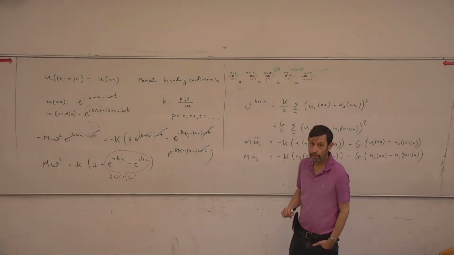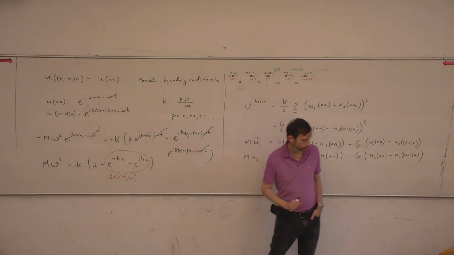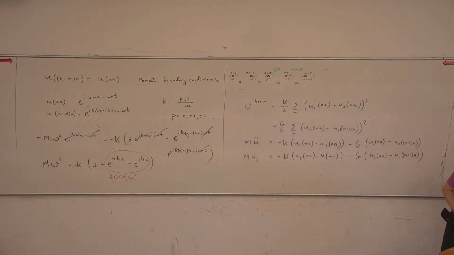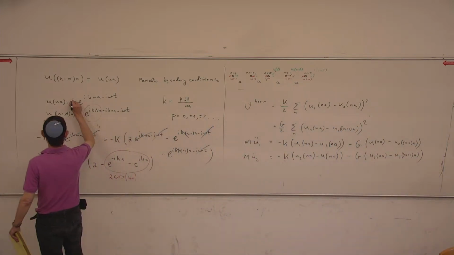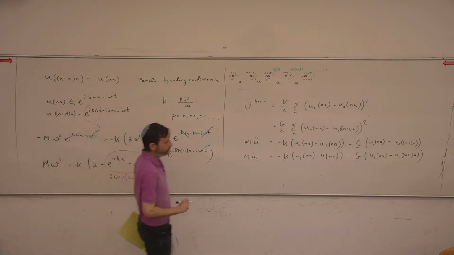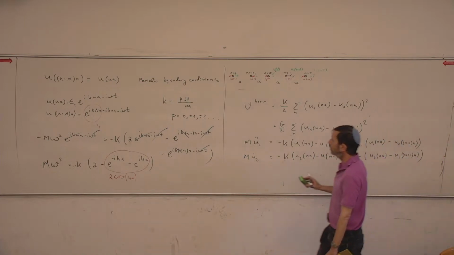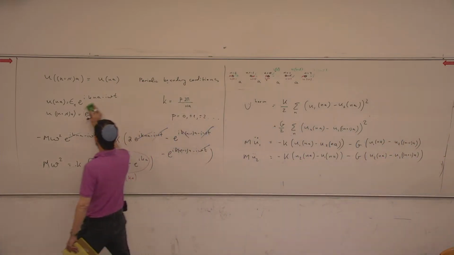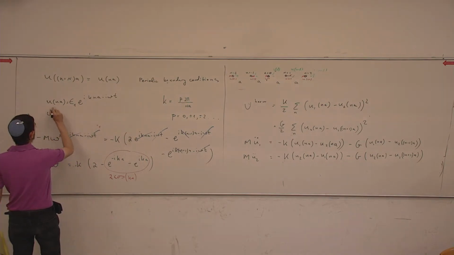What are the solutions? Won't come as a great surprise. I have two solutions with two amplitudes.